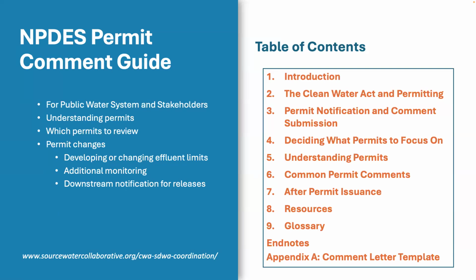And it is for public water systems and stakeholders to understand the permits and which permits they want to review, and then be able to provide comments for potentially developing or changing effluent limits in the discharge, or requiring the permittee to do additional monitoring, or possibly even requiring downstream notifications of releases for particular contaminants.